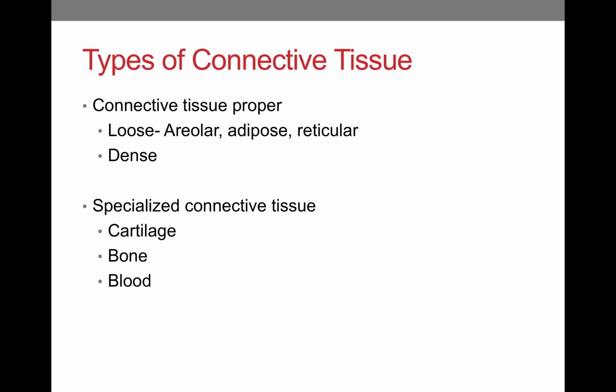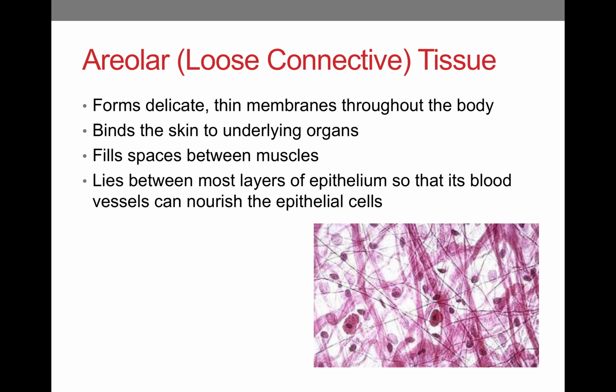You have what are called connective tissue proper and specialized connective tissue. So I'll run through some of these types of connective tissue just briefly. First, you have areolar connective tissue or loose connective tissue. This is going to form thin membranes throughout the body. It's going to help attach our skin to the organs and muscles underneath it.